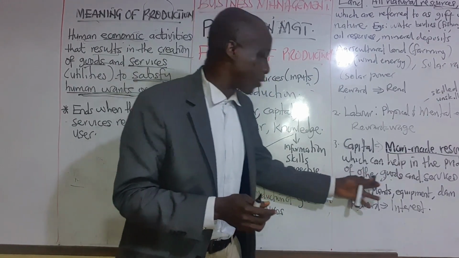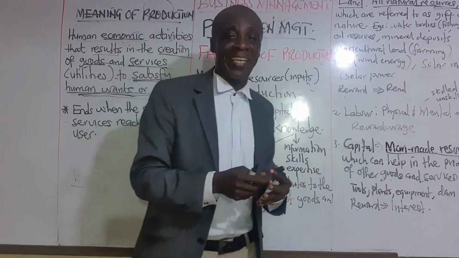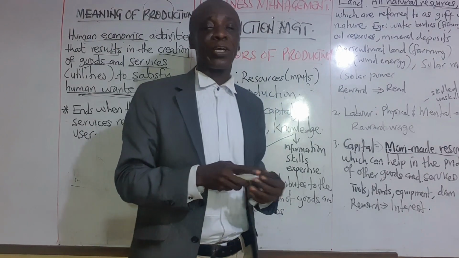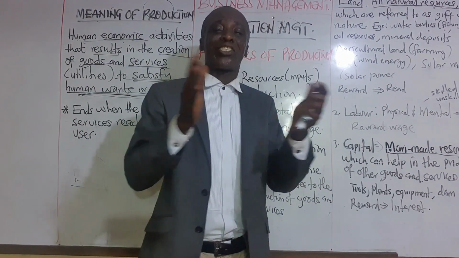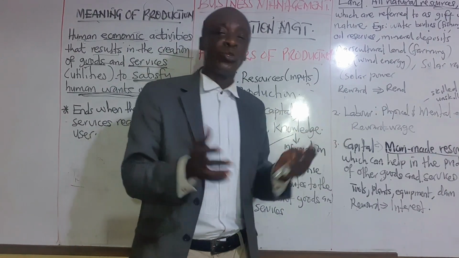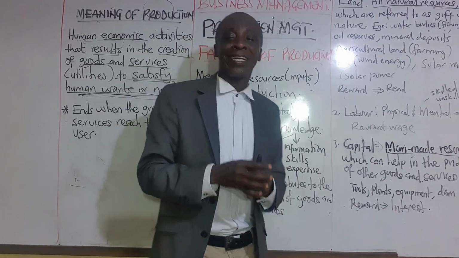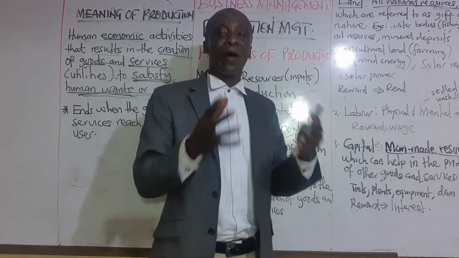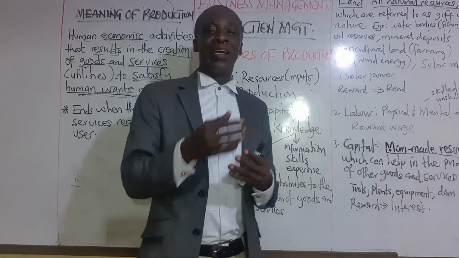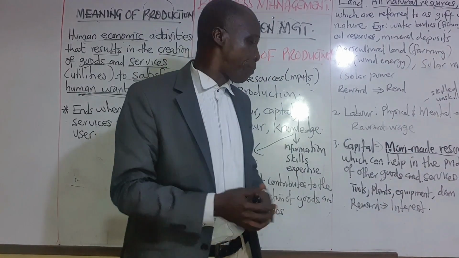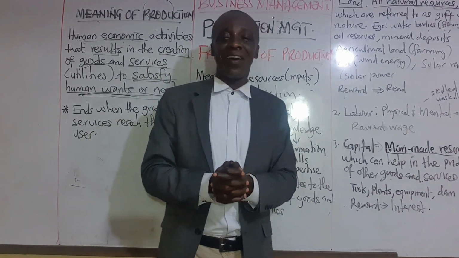So we can talk about tools, you can talk about equipment, you can talk about plants. When I say plants, remember I'm not talking about trees. We are looking at the machines that are used at the factory. So plants, you can think of the dam that generates power, the Akosombo Dam is capital. It helps to generate power and so on and so forth.